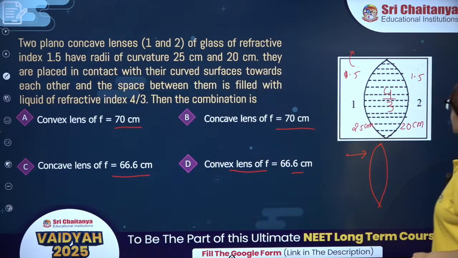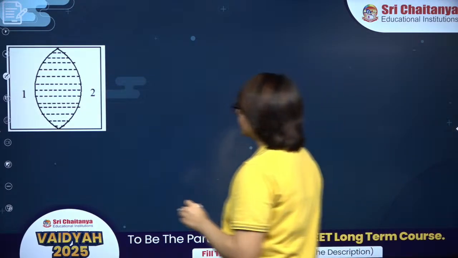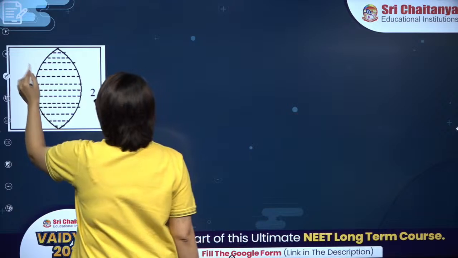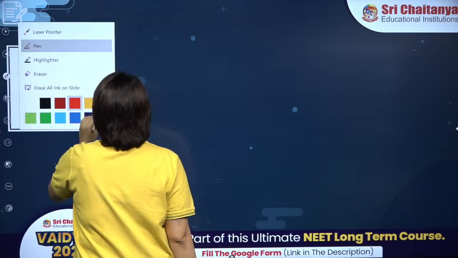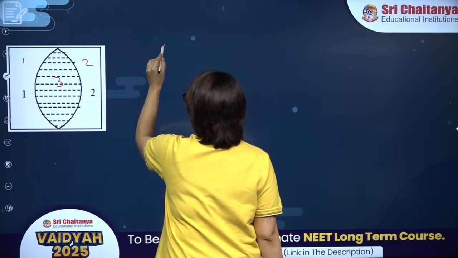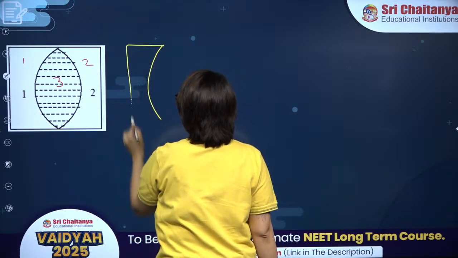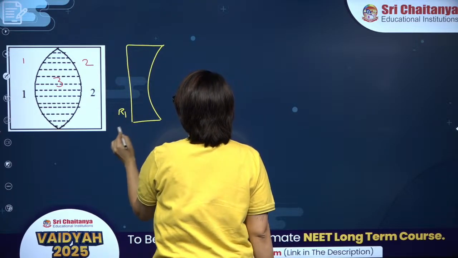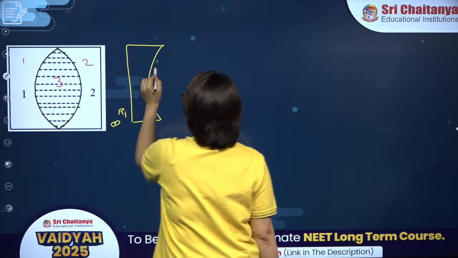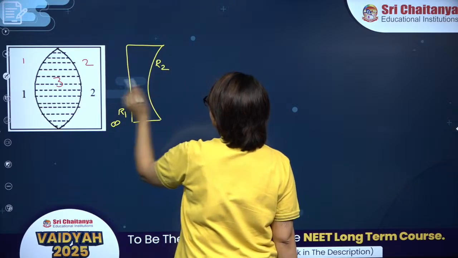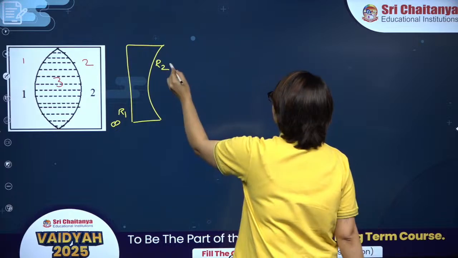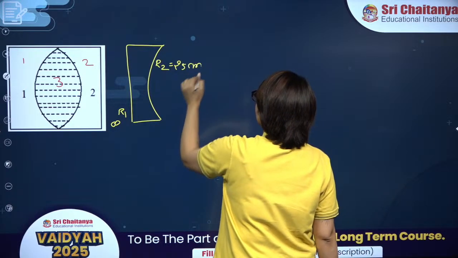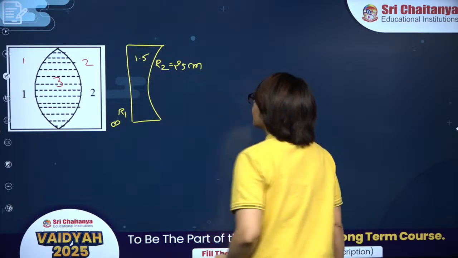So let's do this one. We will divide this one into 3 parts, beta. This is the first, second, and this is the third lens over here. So in the first lens, the first surface is a plane surface, so its radius of curvature is infinity. Second surface is a curved surface and its radius of curvature is 25 centimeter. And refractive index of this one is 1.5.